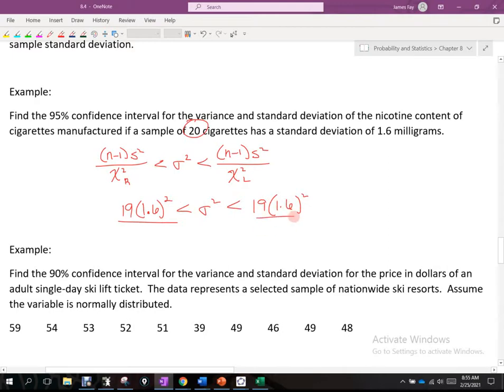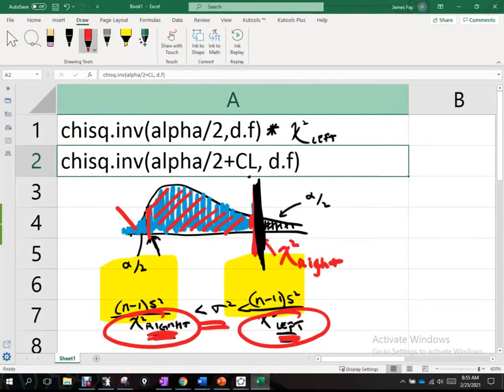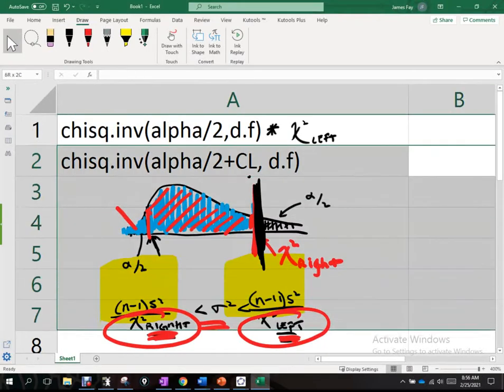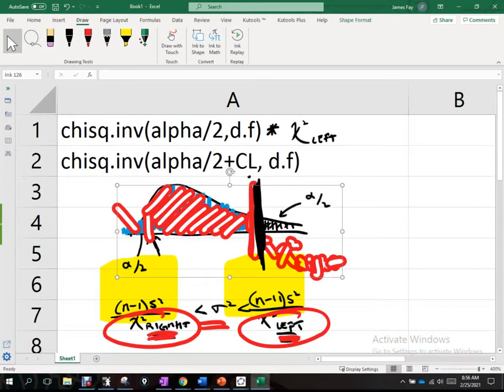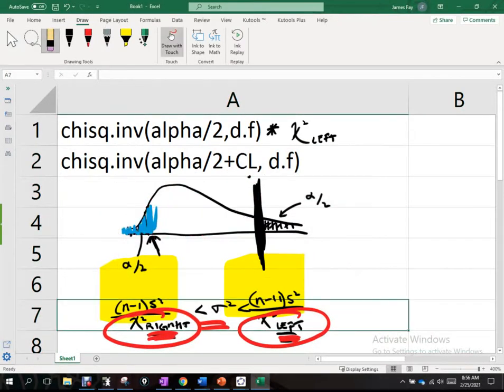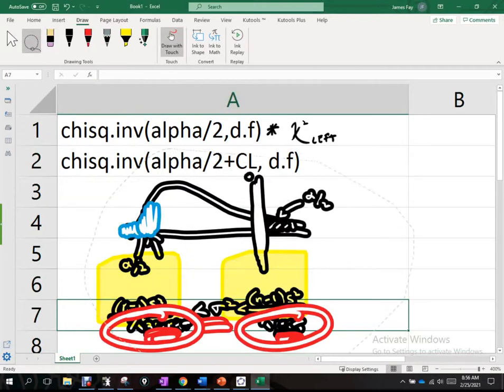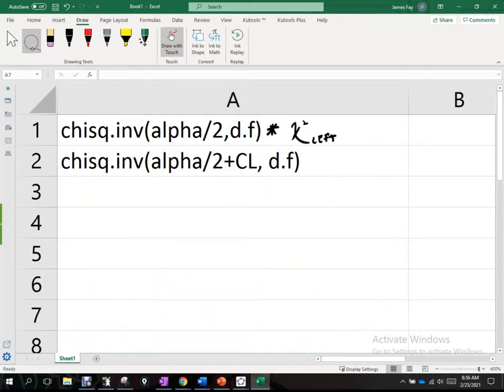Now to find these denominators, okay, that's where we're going to turn to Excel and try to get rid of all the stuff I wrote or drew on here. All right, so I'm going to type these two things in.